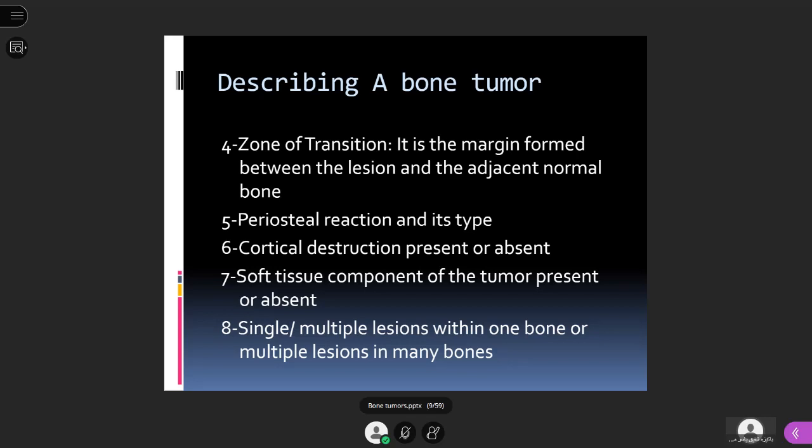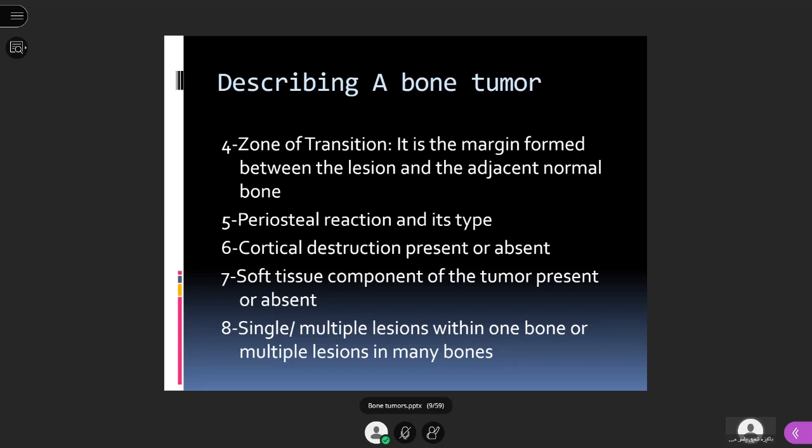Then cortical destruction. Whether cortical destruction is present or absent is an important point to consider, because if there is cortical destruction, then the chances are that you are dealing with either acute infection or a malignant bone tumor. Then the other one is whether a soft tissue component of the tumor is present or absent.